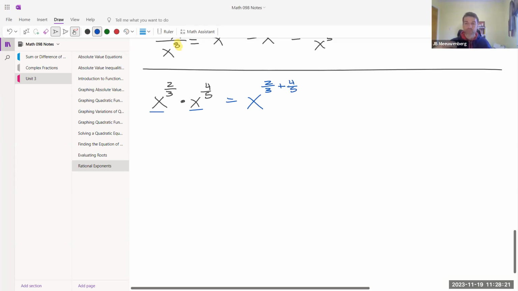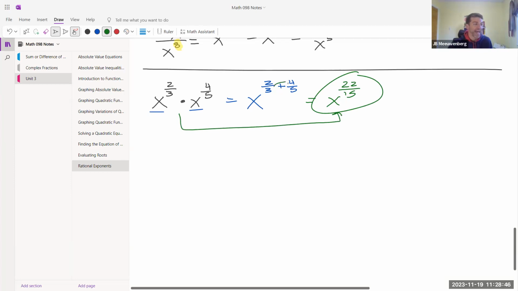Again, this works the same way whether they are positive or negative. So you can use your calculator to help you with this. And when you do that, you're going to find that 2/3 plus 4/5 is going to be 22/15, x to the 22 over 15. That is how this would simplify, because you had to add those exponents.